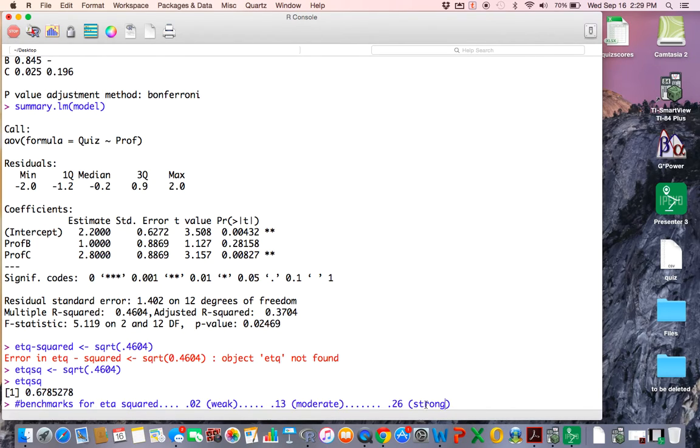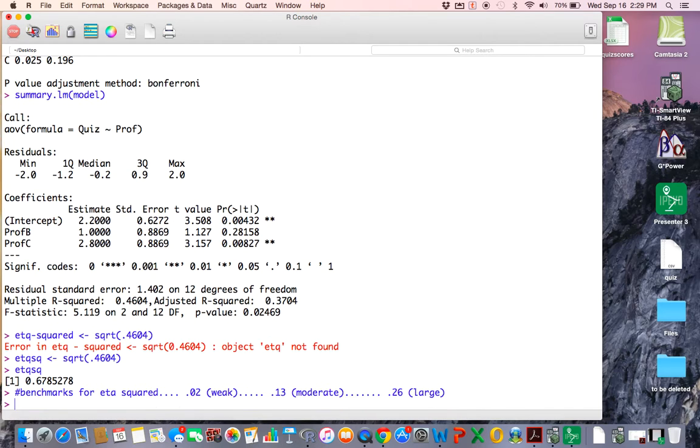I wouldn't call it strong, I would call it large. You can see that we have a 0.67, so we have something we could report as a large effect size.